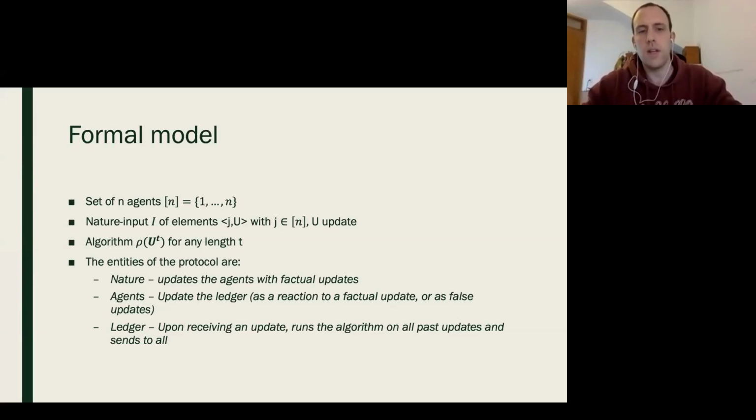The agents communicate with the ledger. The ledger is the central authority here. Agents can send updates to the ledger. The ledger cannot see what nature sends, but it can see what the agents update. And after each update by an agent, the ledger shares the most updated model, or the result of the algorithm, based on all prior input that it accumulated.